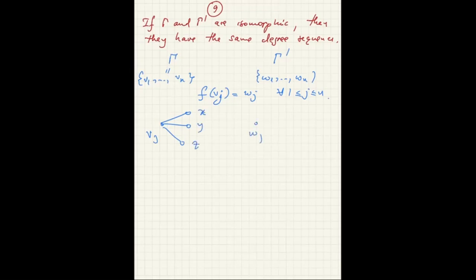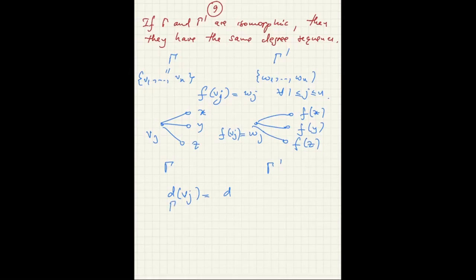Because vj has neighbor x, in gamma prime wj will be adjacent to f of x, and will also be adjacent to f of y, and f of z, and all these values will be distinct because f is a permutation. So that means that the degree of vj in gamma will be the same as the degree of wj in gamma prime.